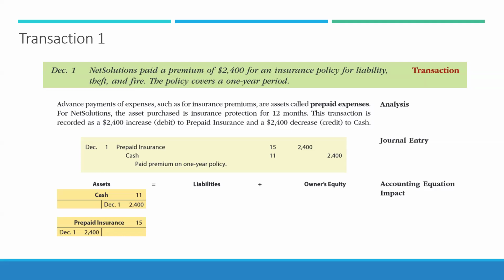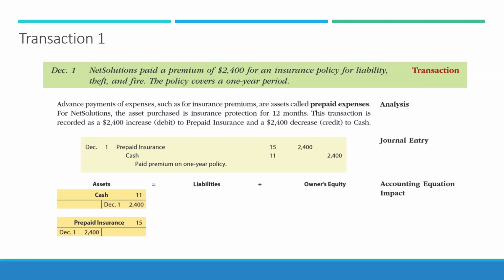for $2,400. To post it means we're going to take that account called prepaid insurance and we're going to go and show the date and show a debit of $2,400 there.